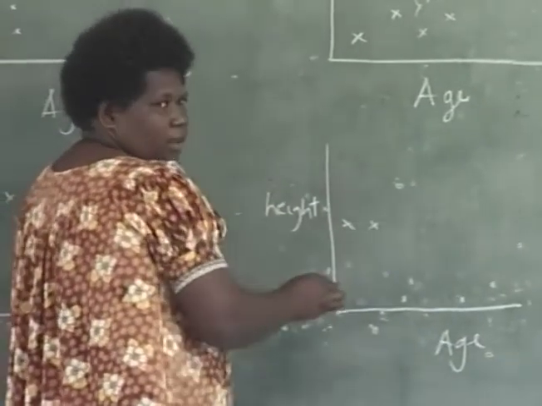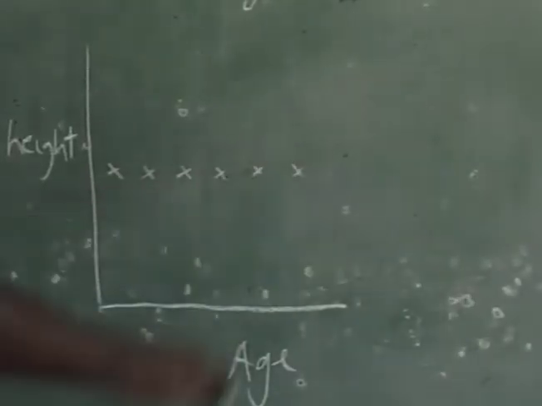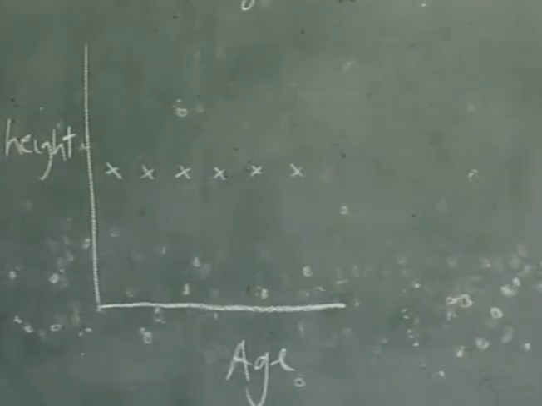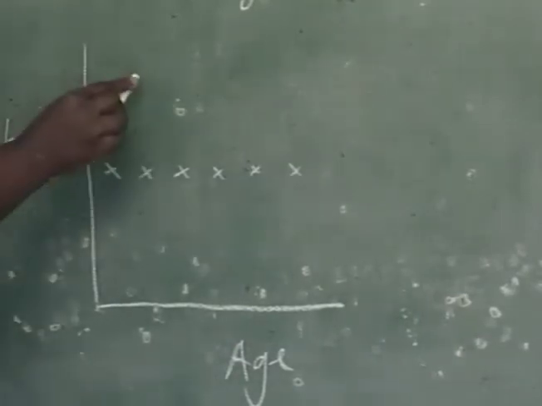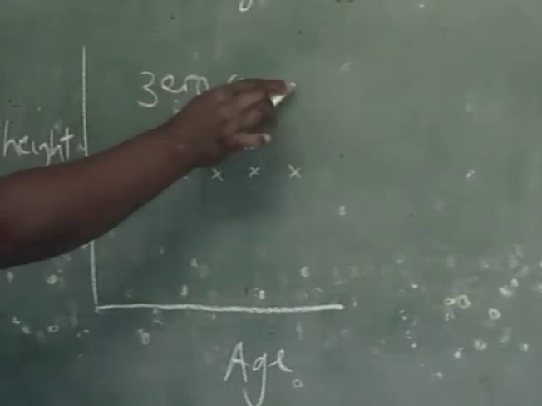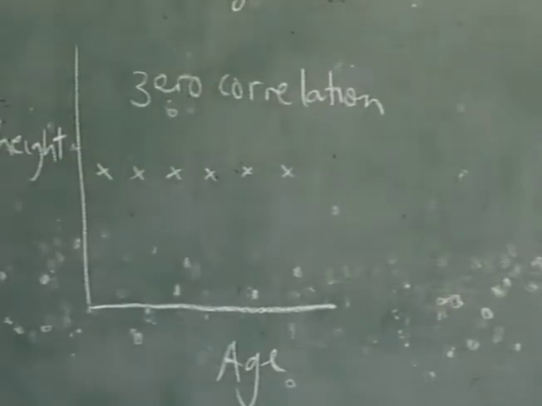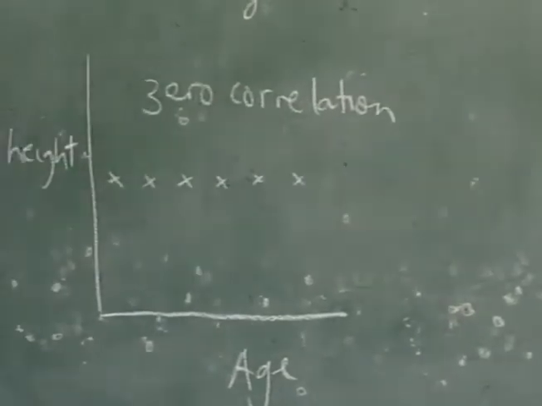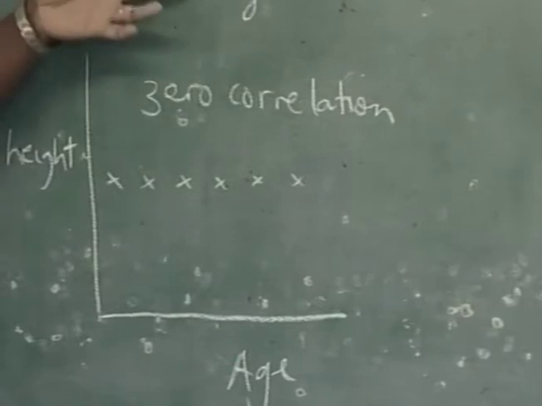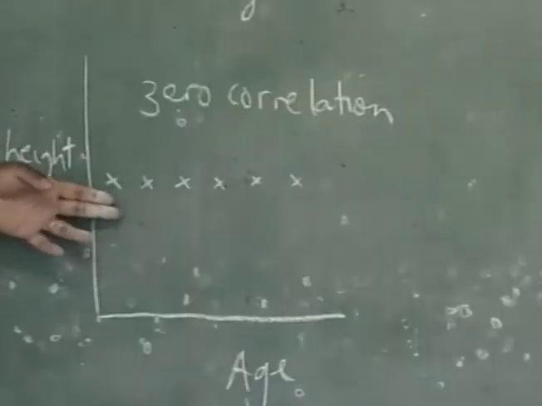They don't grow taller as they grow older. Okay, this is where you have zero correlation. Note the difference between no correlation and zero correlation. No correlation means the two things that are compared are not related in any way, they're not correlated, whereas with this one, the height is just the same.